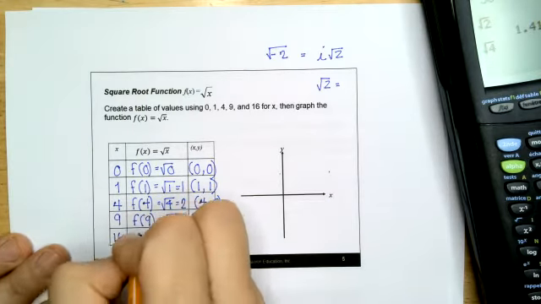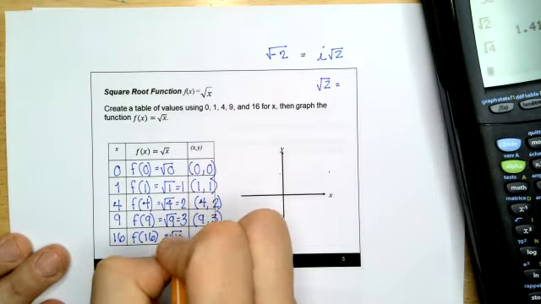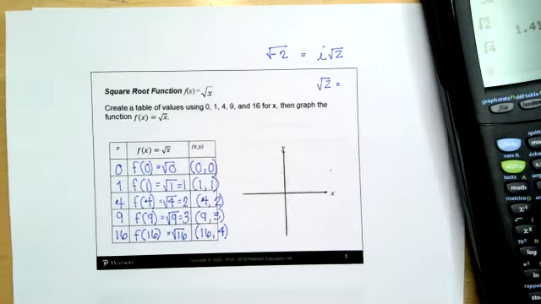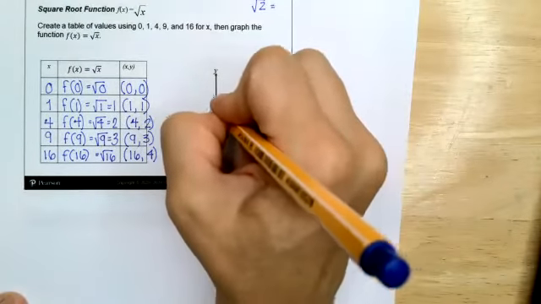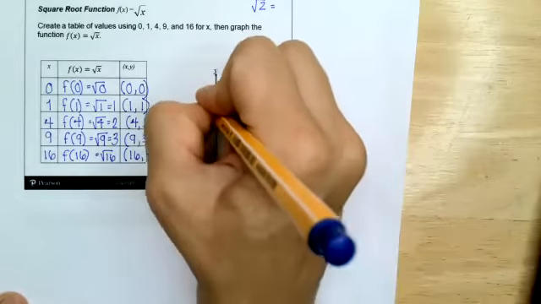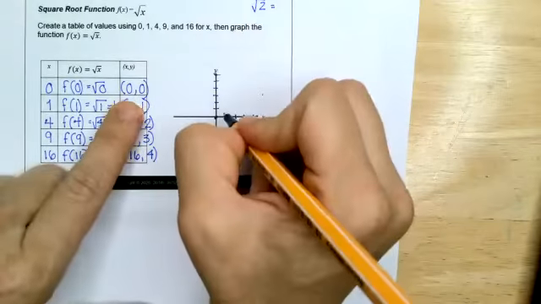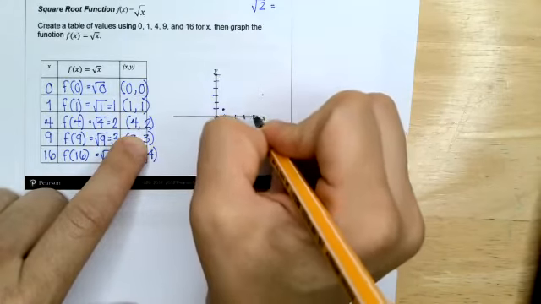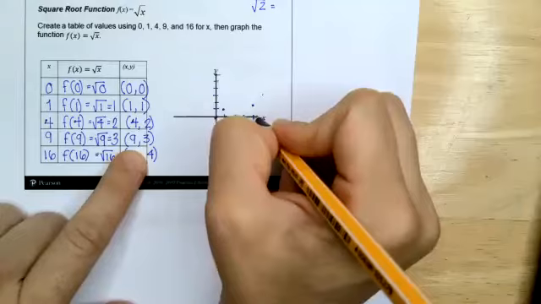And then 4 is 16. So if I put 16 in for x, I get the square root of 16, which is 4. So 16 and 4. I'm going to graph a couple of those. It goes through 0, 0. It goes through 1, 1, 4, 2, 9, 3.